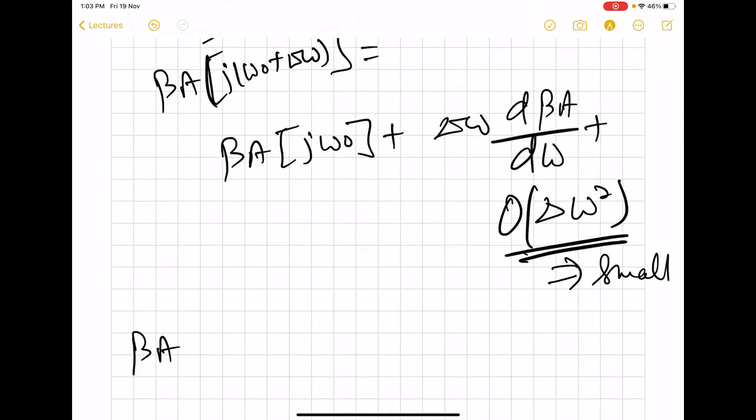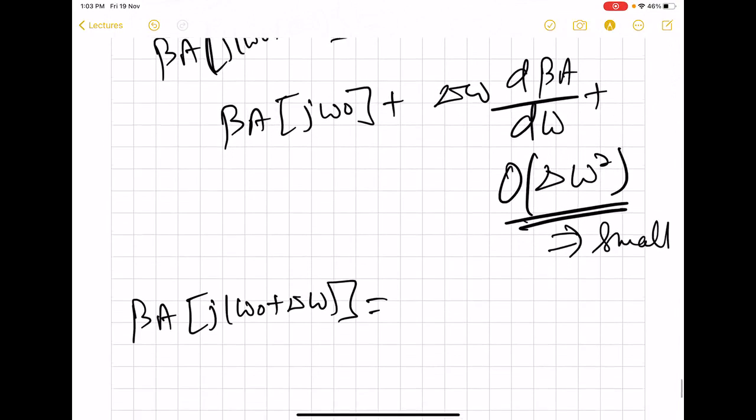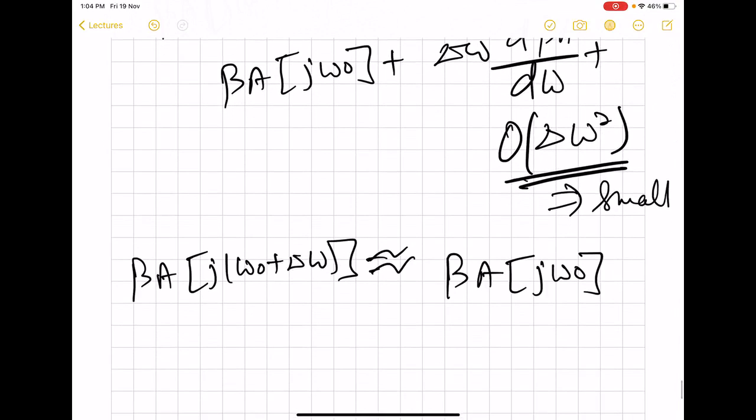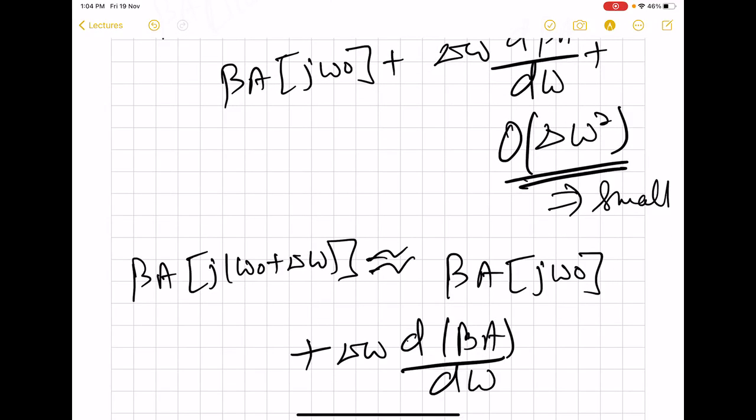So beta A at slight offset is approximately equal to beta A j omega naught plus delta omega d beta A by d omega.